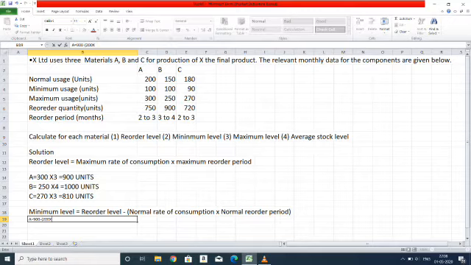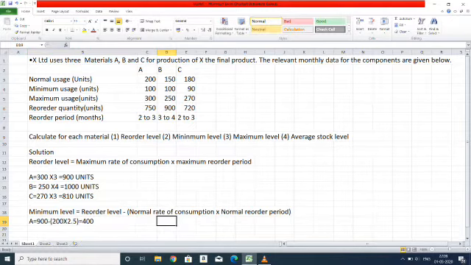In case of A, 900 minus 200 into 2.5, that is equal to 400.